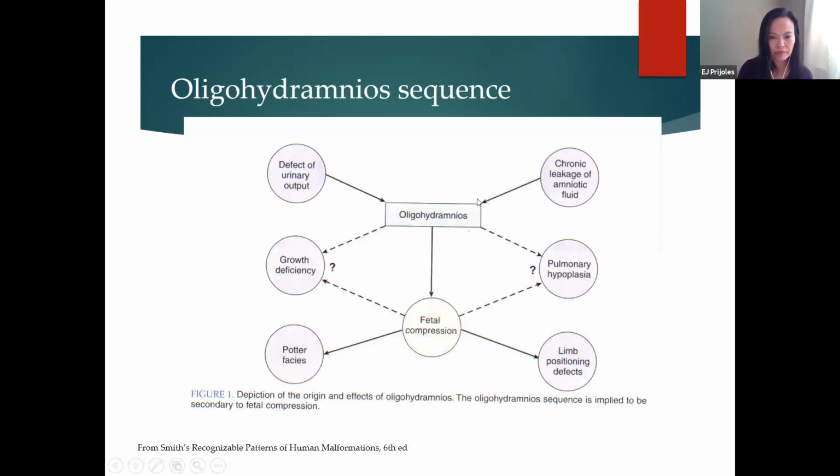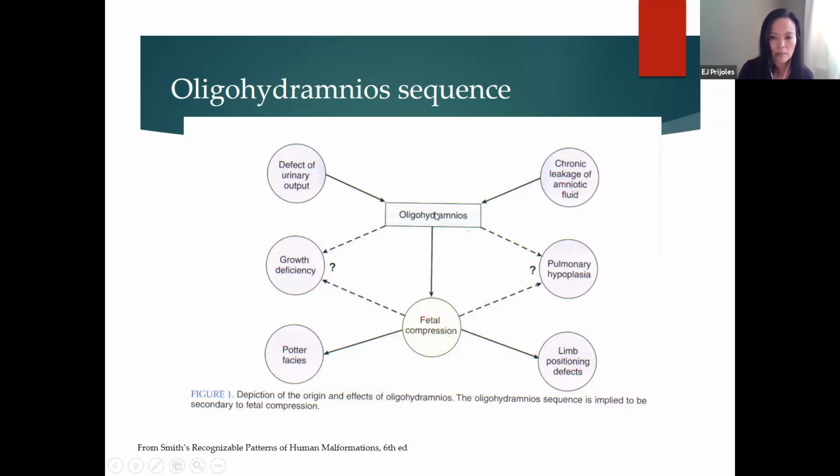And here, this is just a reminder of what you might see. So oligohydramnios could be related to a defect in urinary output from a fetus. It could be related to chronic leakage of amniotic fluid during the pregnancy.